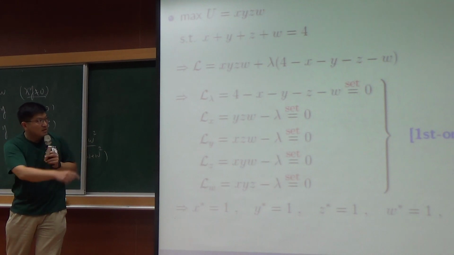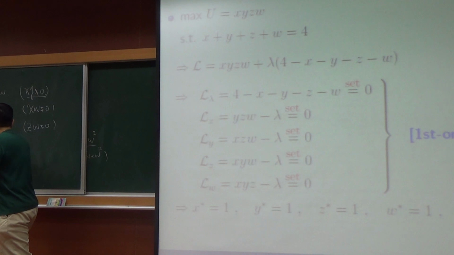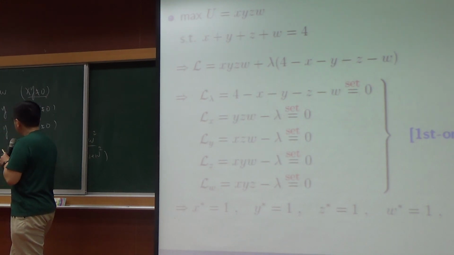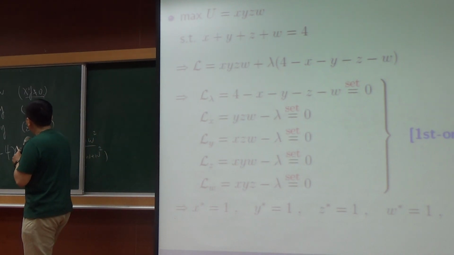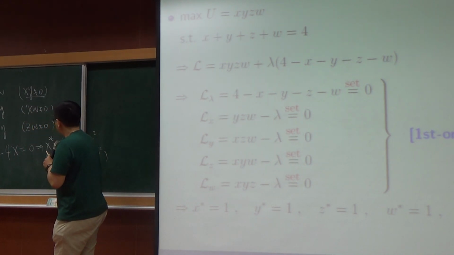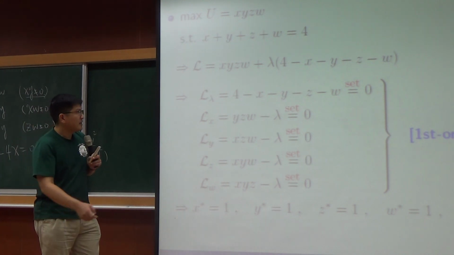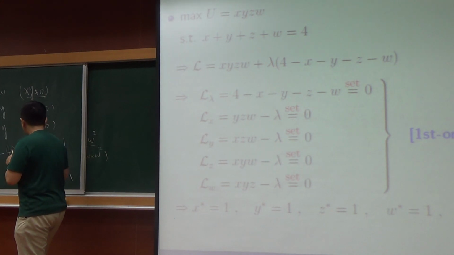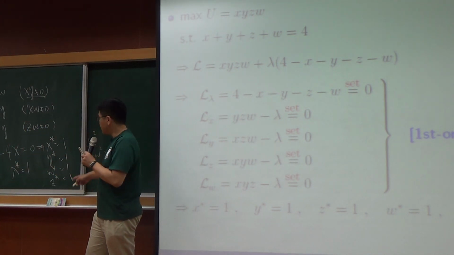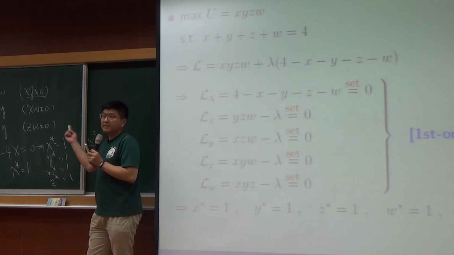Therefore, utilizing the first order condition, 4 equals 4x, then x star would be 1, and y star, w star, z star, and what about lambda? Lambda equals 1. Lambda star. Okay? So this would be the critical value: 1, 1, 1, 1, 1.